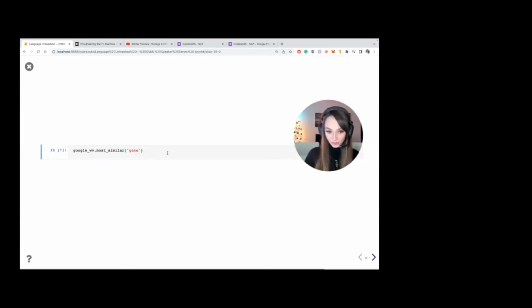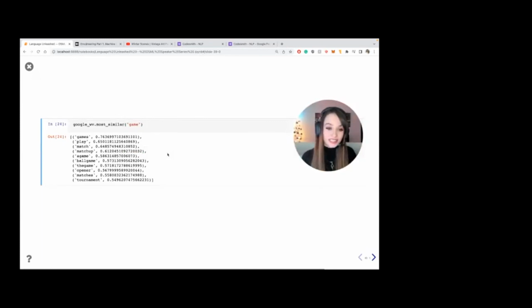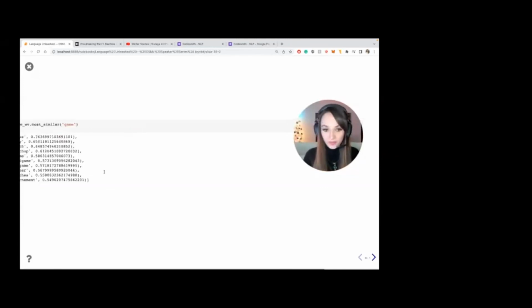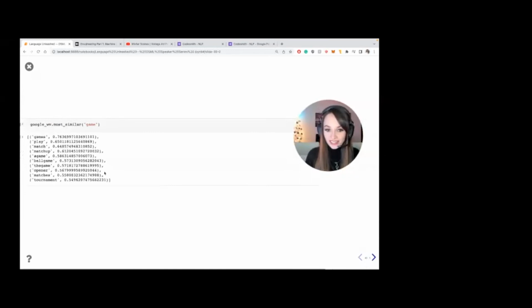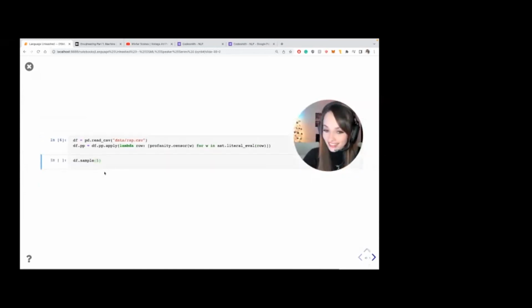So we'll see. This corpus is a news corpus from different news articles, so it's just like standard English language. So we see the most similar words to game are games, play, match, matchup, a game, ball game, the game, opener, matches, tournament, etc. But what happens if I train it on a data set that is rap music?